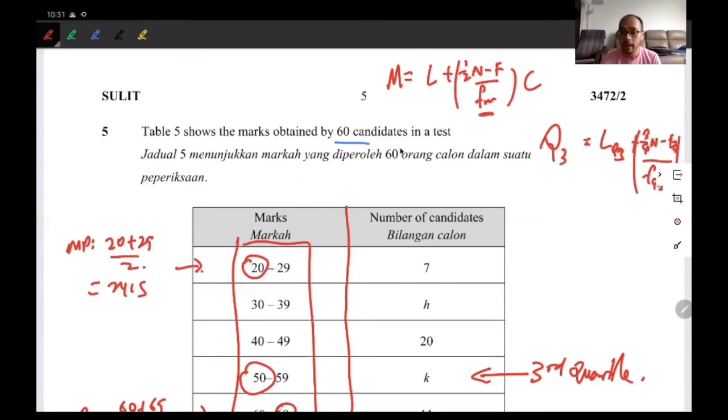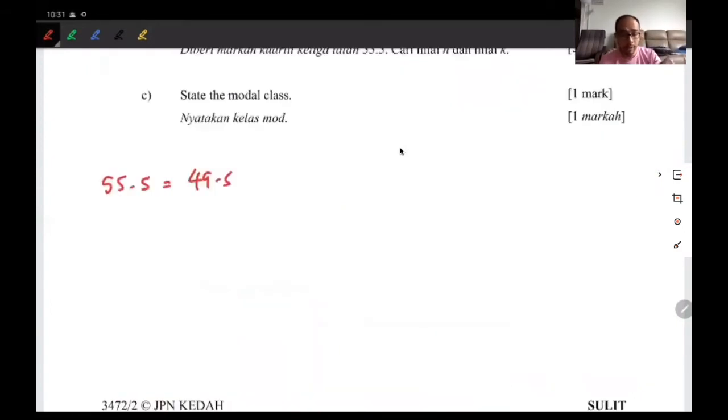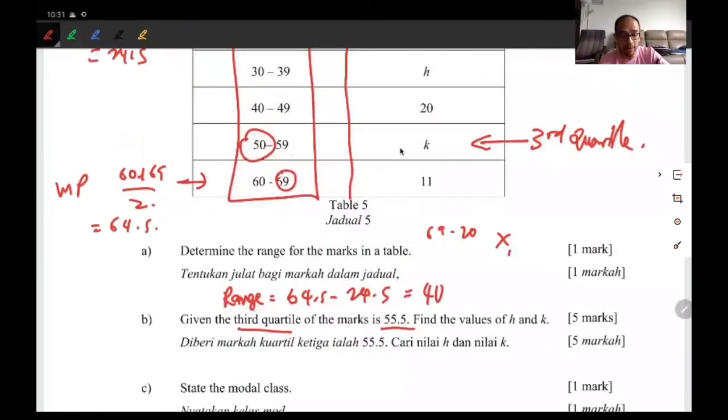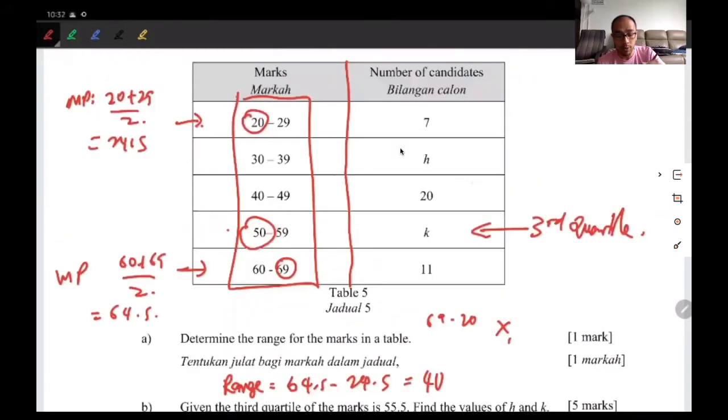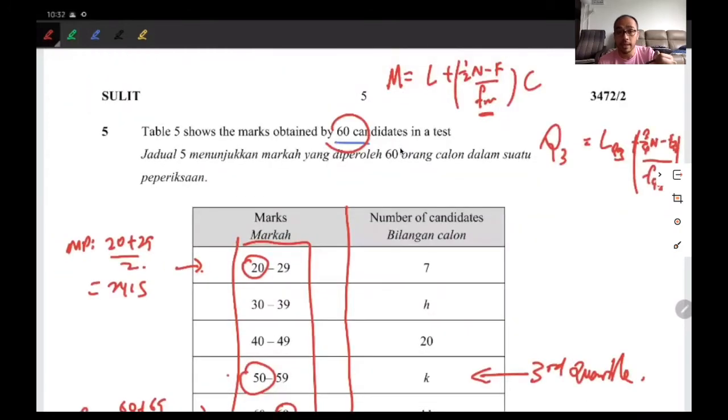Oh dear, my handwriting is so horrendous. So the lower boundary of the third quartile, since 55.5 is here, is 49.5, plus 3 over 4 times n. The value of n is all of this, which we don't know, or rather we do know, it is 60.